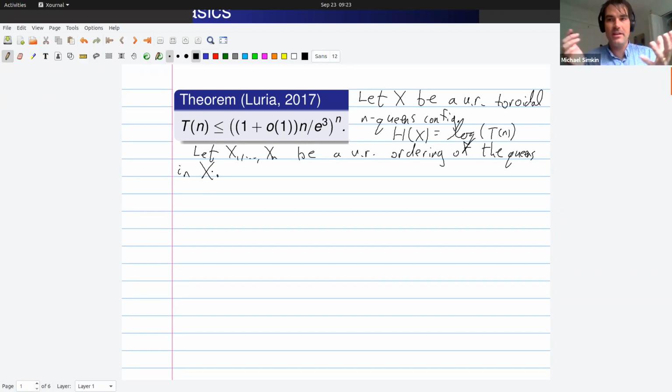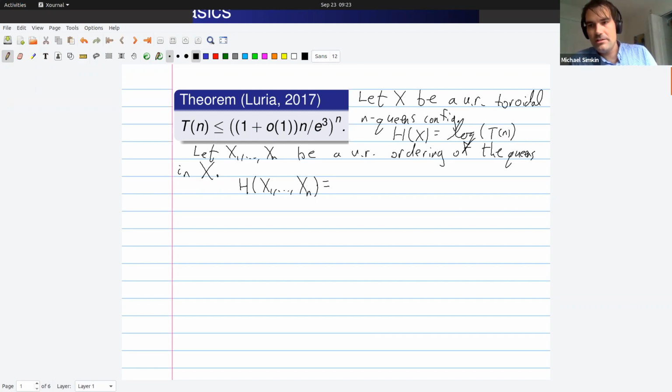So I draw x at random, and now I do another random experiment: I take these queens and order them uniformly at random from x1 to xn. Now I have new random variables, x1 to xn, and I can ask what their entropy is.